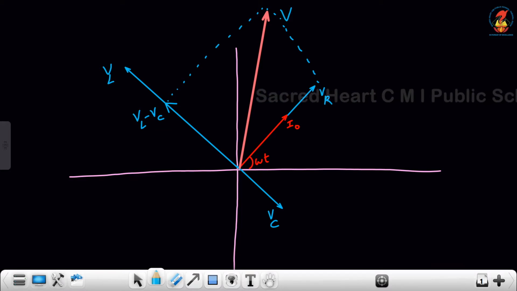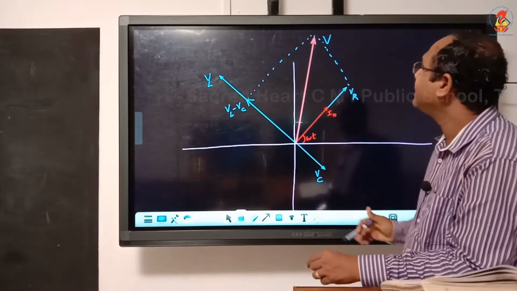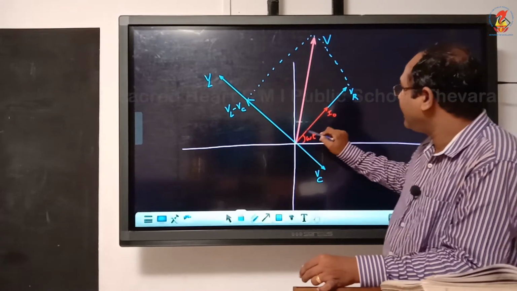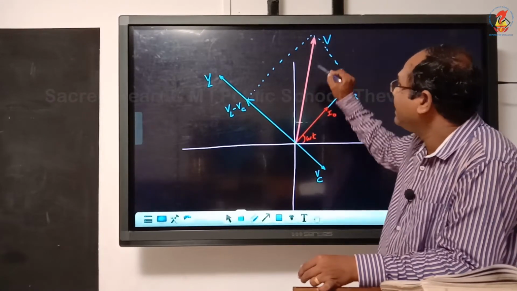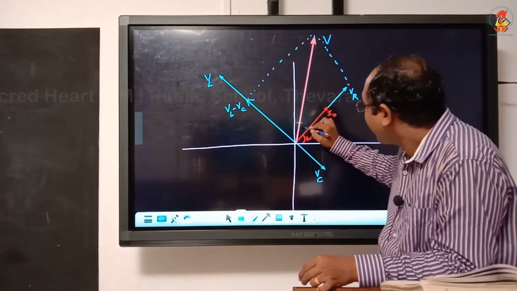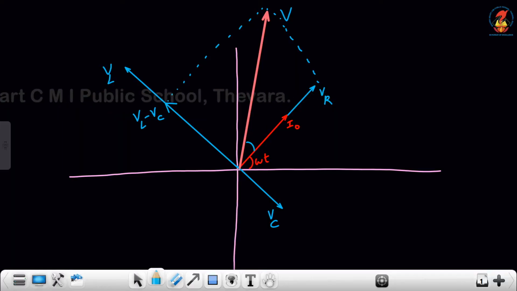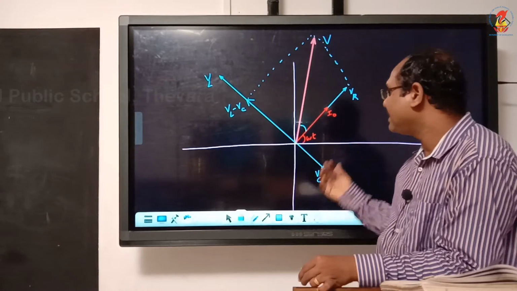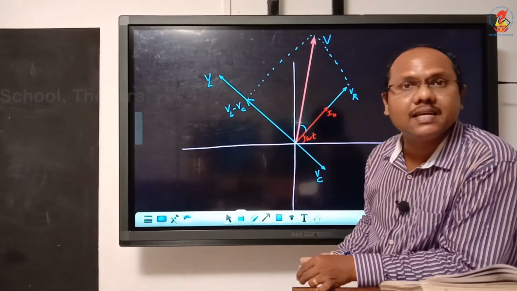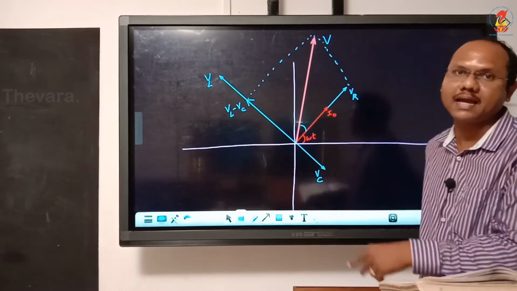So from this phasor diagram, it is clear that current is here and voltage is leading the current by an angle phi. Or we can say the current is lagging the voltage by an angle phi.